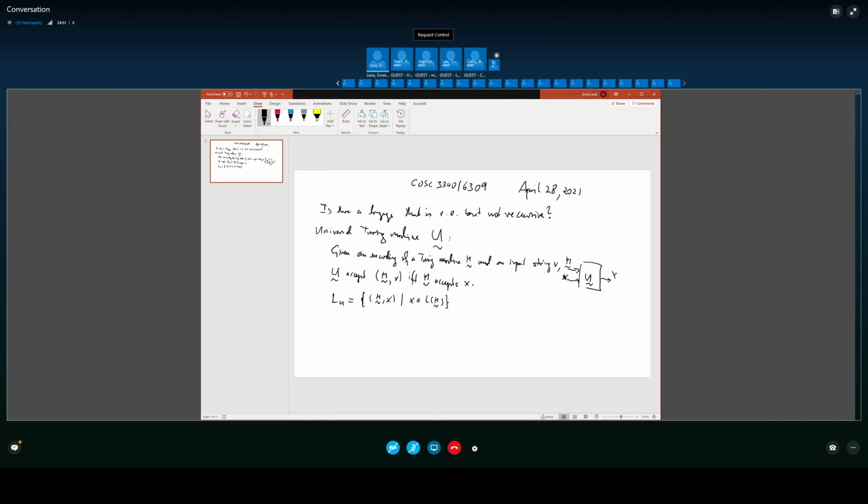So this L of U is effectively what the universal Turing machine U does, and it will take M and some X. Presumably, if L of M is infinite, there are infinitely many X's in L of M, and obviously there are infinitely many Turing machines.